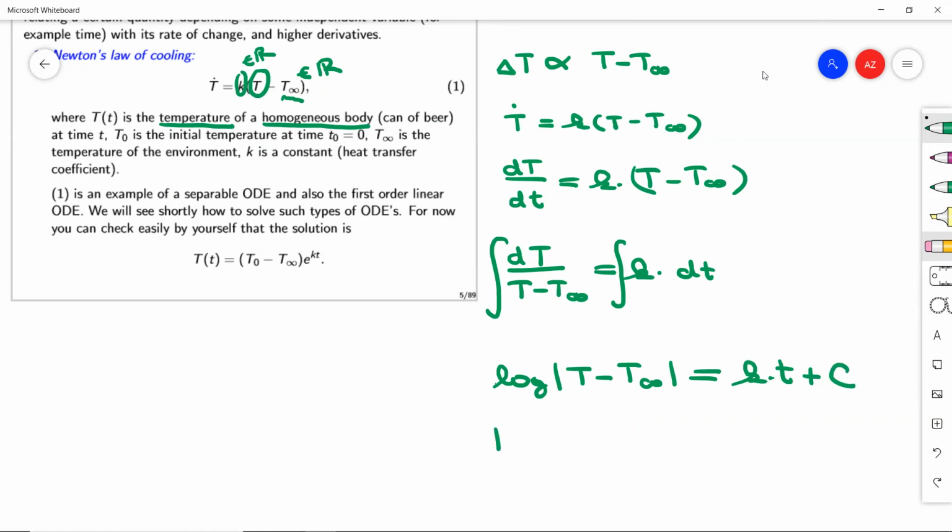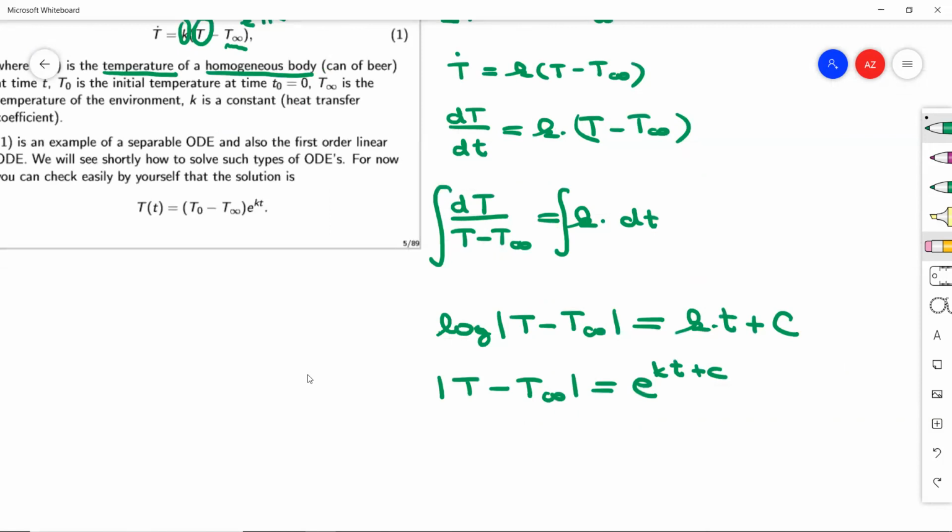And now the absolute value of the difference between temperatures is equal to e to the power of kt plus the constant. But since this C is a constant, we can make another constant out of it.